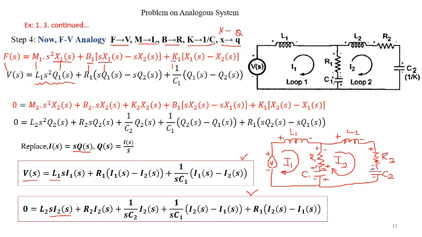Then we have L2, R2, C2, and C1 and R1, which are again in series and common. So here we will get this particular equation. Hope this is quite clear for you to understand how to draw the loop network for the FI analogy. This is very important.